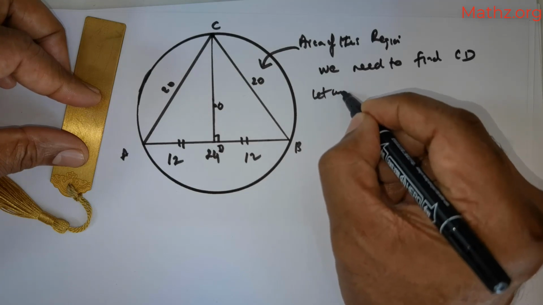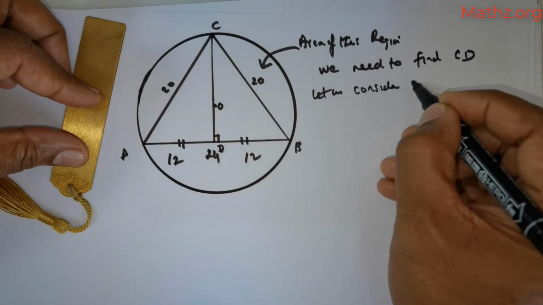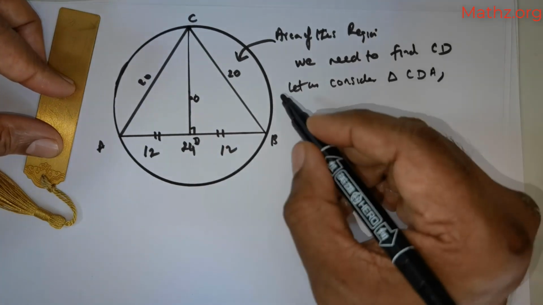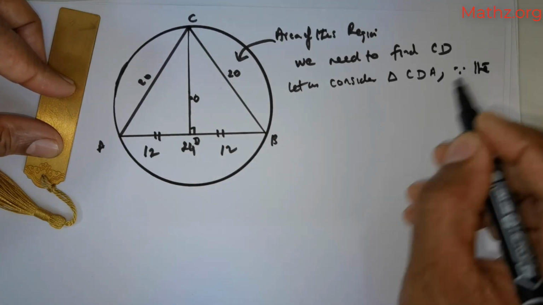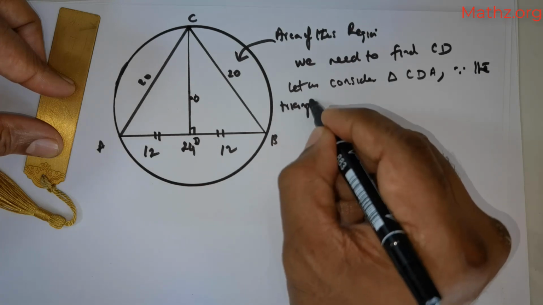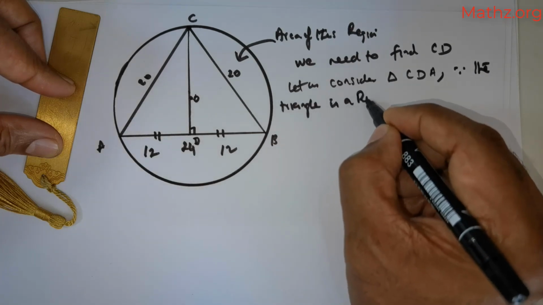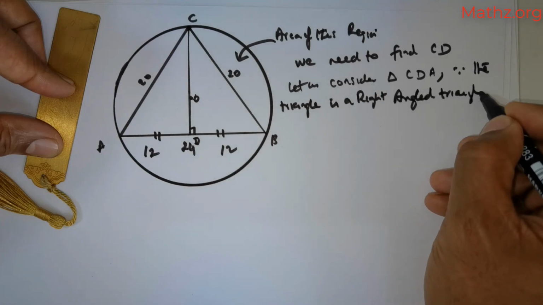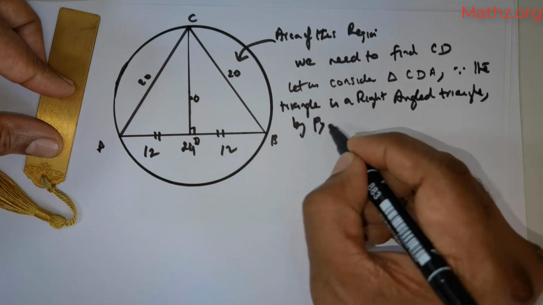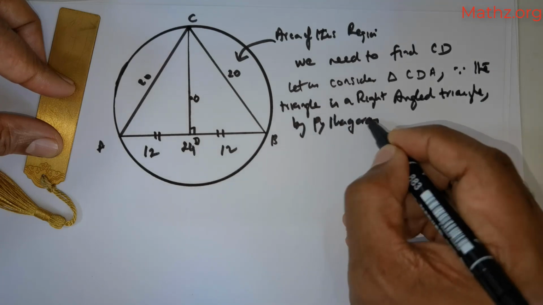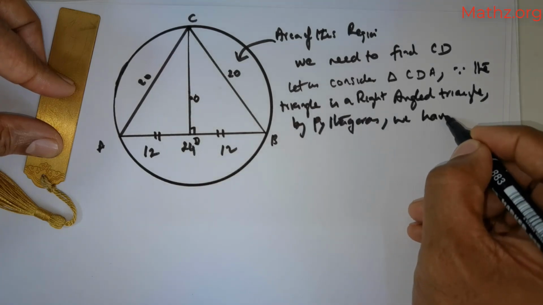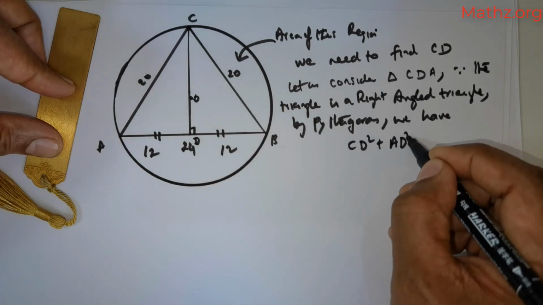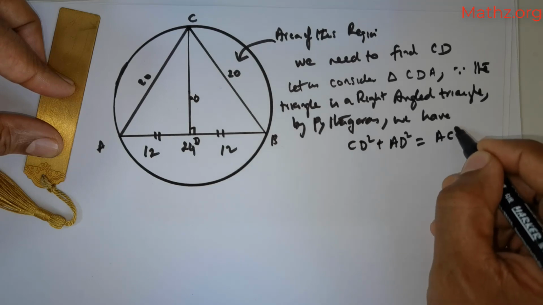Now let us consider triangle CDA. Since the triangle is a right angle triangle, by Pythagoras we have CD squared plus AD squared is equal to AC squared.